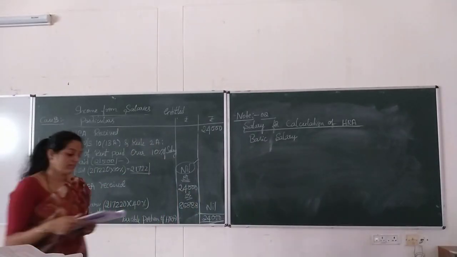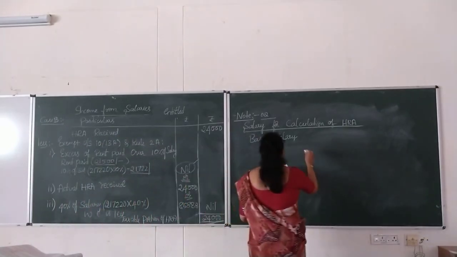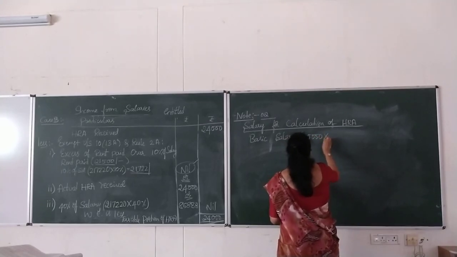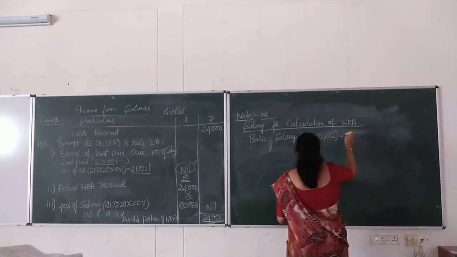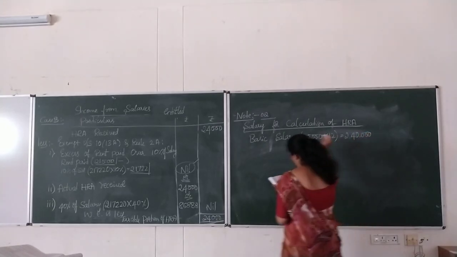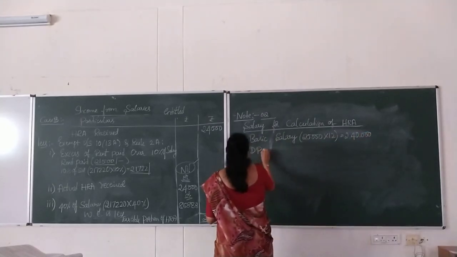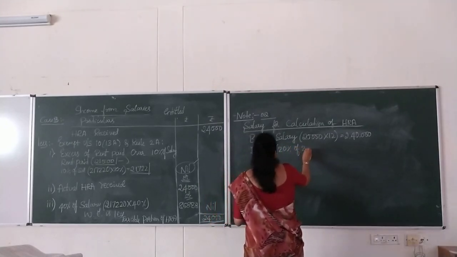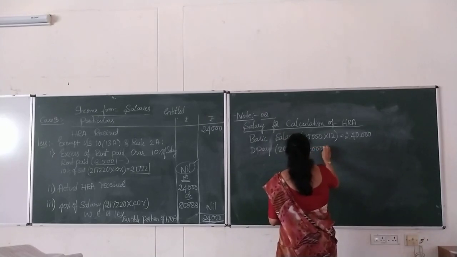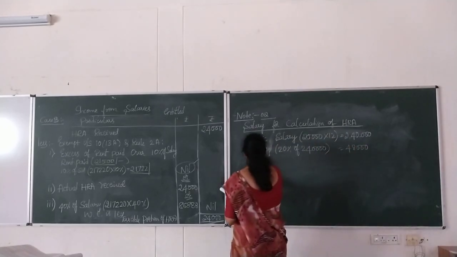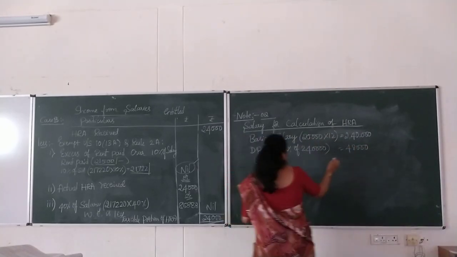So basic salary 20,000 into 12, how much? 2,40,000. Next, DA pay is 20% of 2,40,000, that is 48,000. Next, bonus we should not consider, nil.